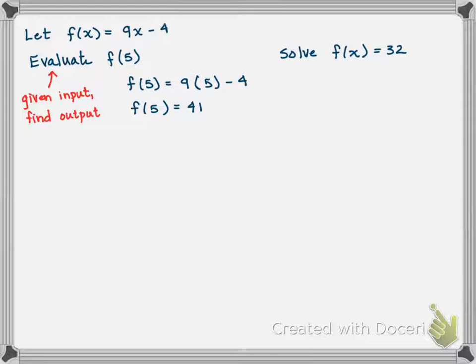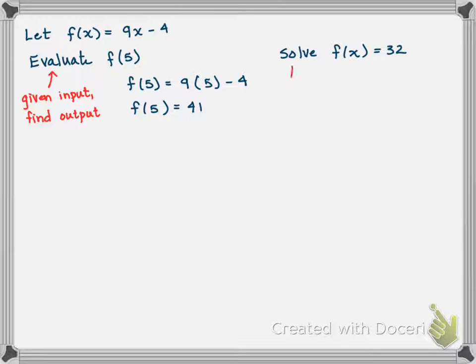So what's in those parentheses is always your input. If there's not a number, then you can't plug a number in for x. So in this case, remember that this whole symbol represents the output. And so if they tell us that f of x is equal to 32, they're saying the output of the function evaluated for some x is 32.